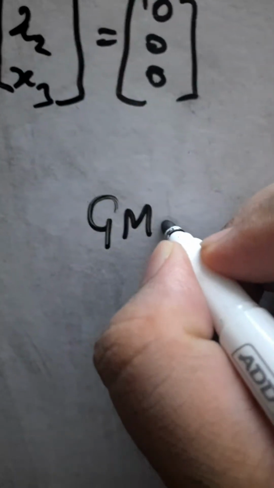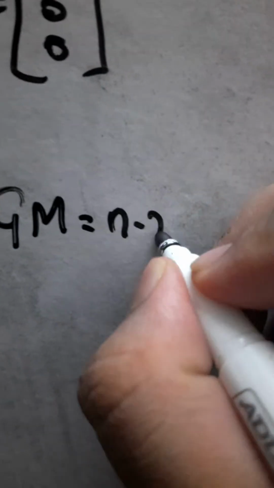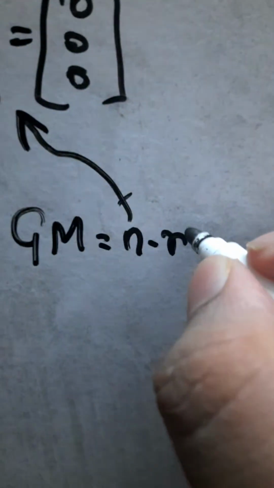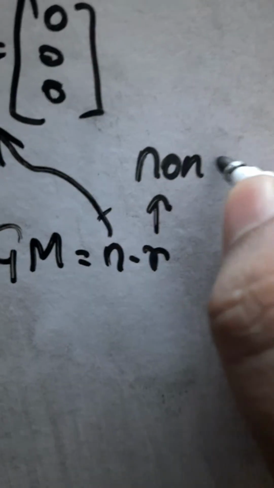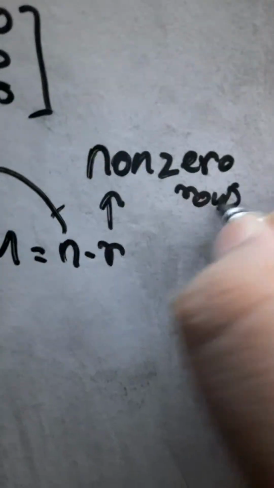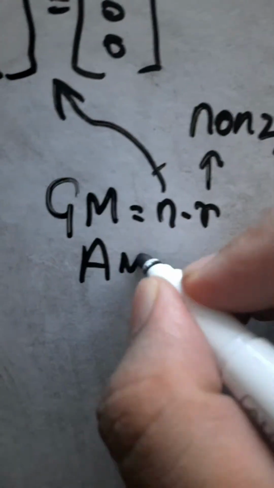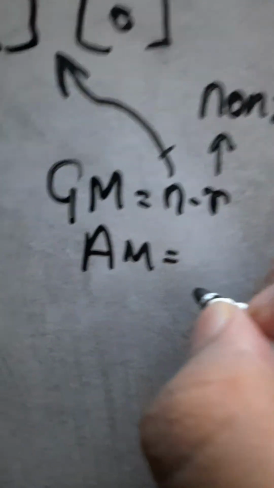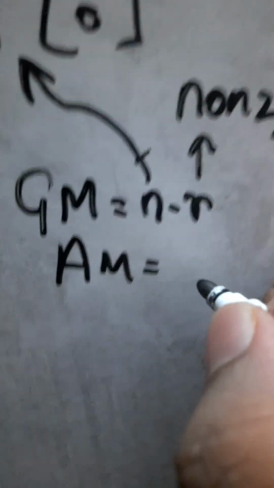Let me show you. GM is equal to n minus r, where n is the number of unknowns and r is the rank, the non-zero rows, where the elements are not all 0. And AM is the algebraic multiplicity: how many times is lambda repeated?